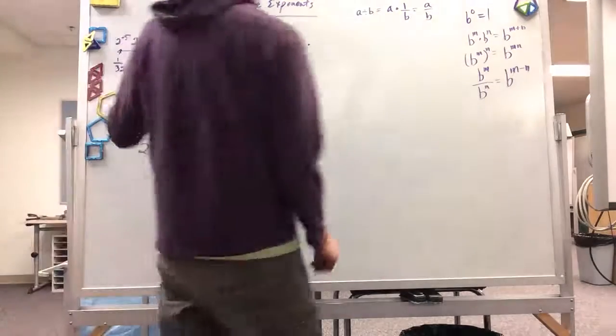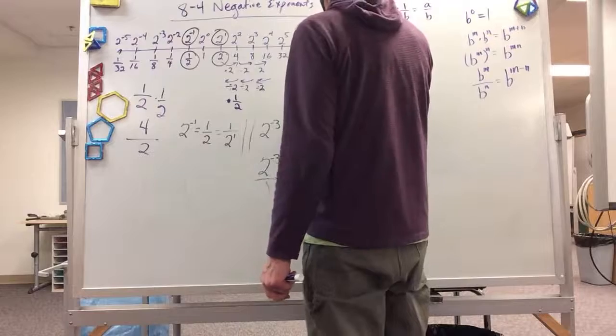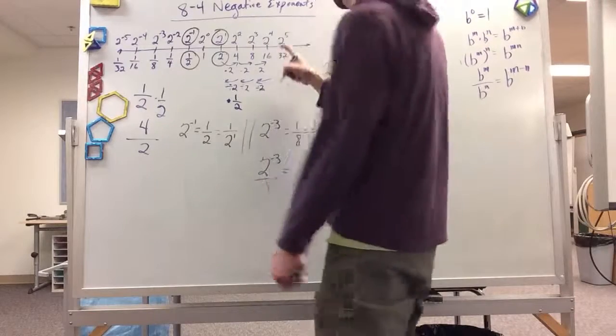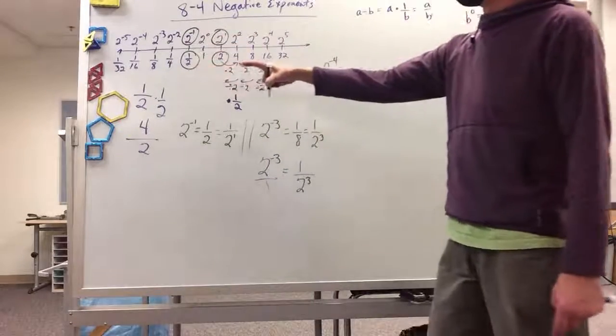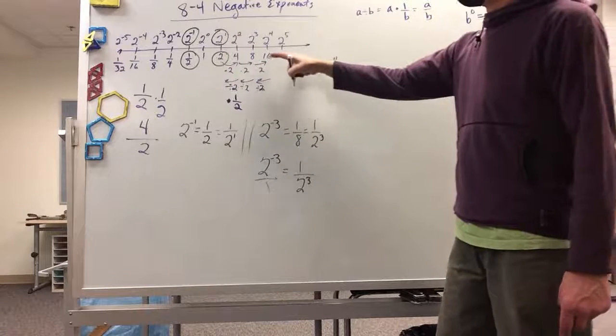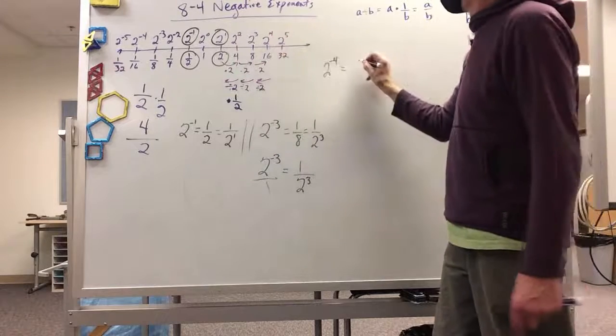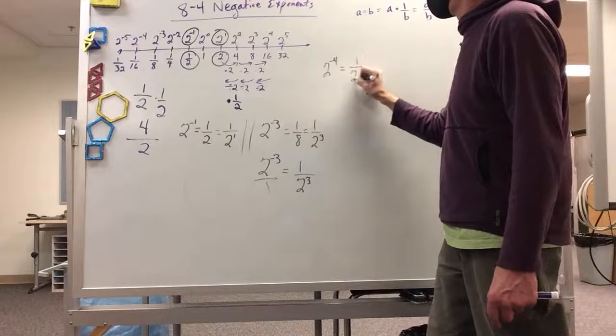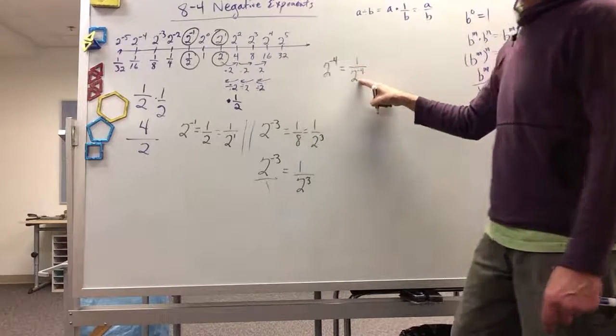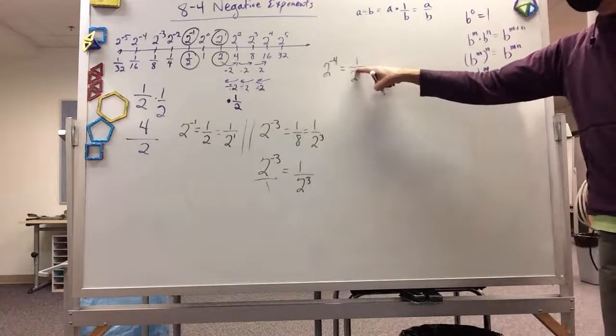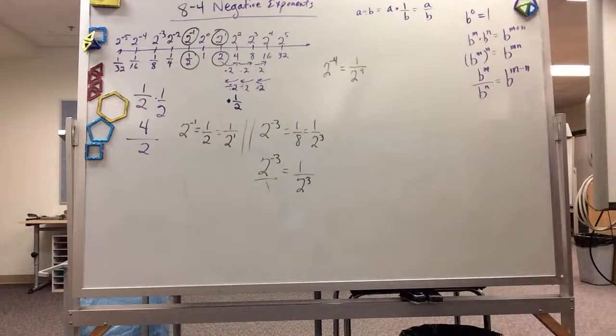Yeah. 2 to the negative fourth is equal to 1/16. 16, so this is 1 over 2 to the, I'm sorry, what am I doing? Because that's 16, 2 to the 4th is 16.